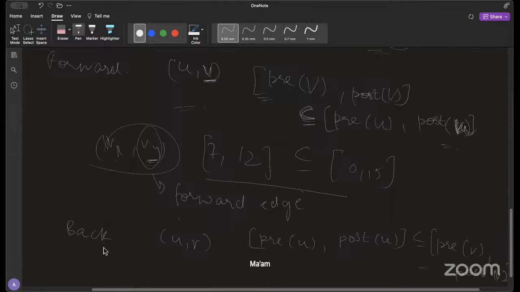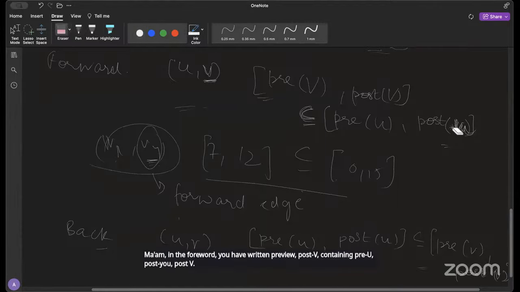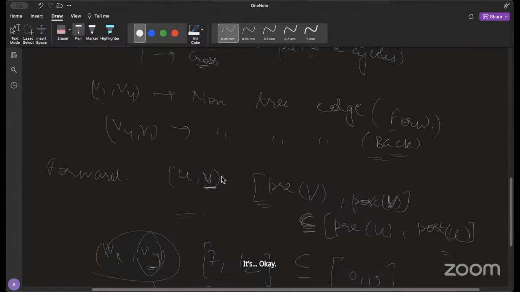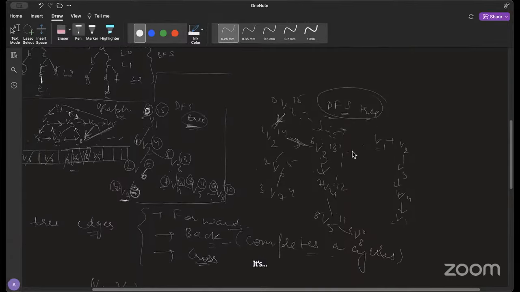Ma'am, in the forward, you have written pre-V, post-V contained in pre-U, post-U, or post-V? It's U. Okay. Basically, you're just testing whether this interval is contained in the bigger interval. For example, 6 to 13 is contained in 0 to 15, right?